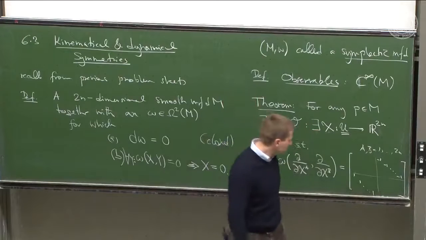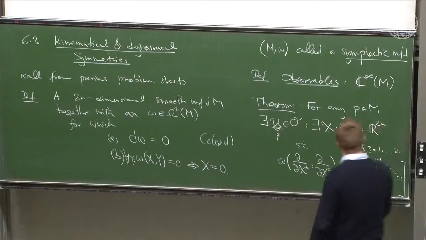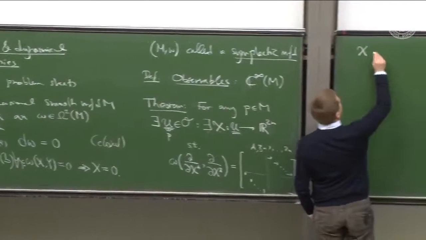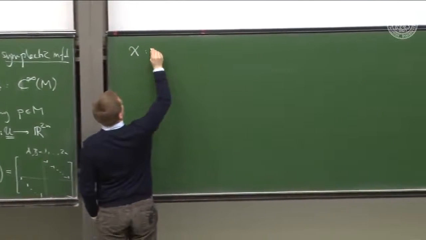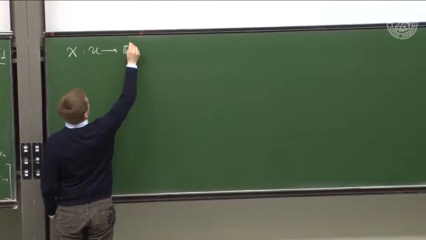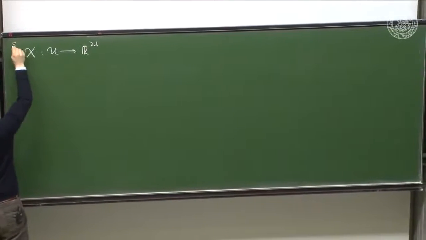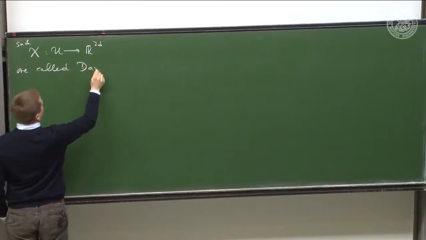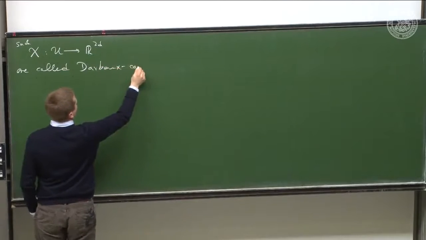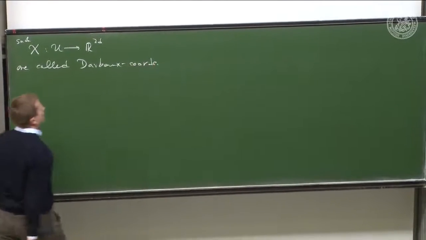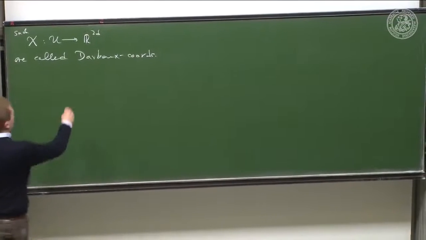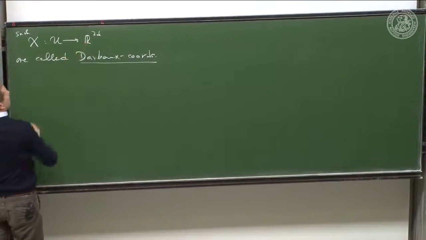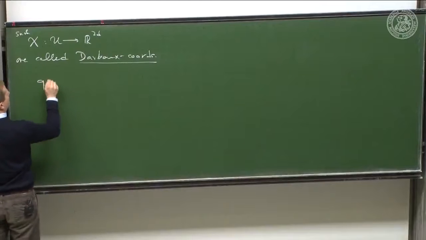These coordinates are called Darboux coordinates. So the psi that goes from U to R^2n, such psi are called Darboux coordinates. And it's convenient to split them into 2 parts.